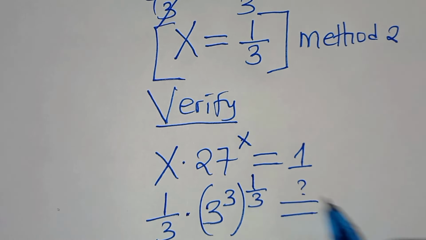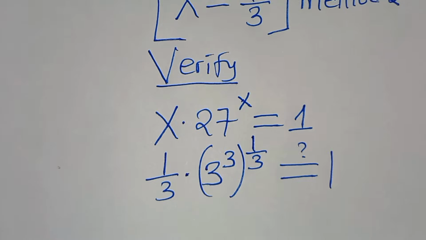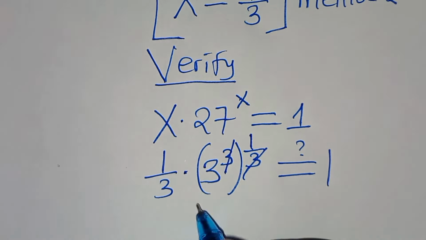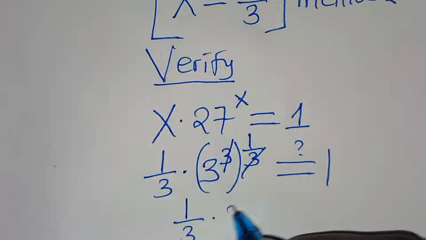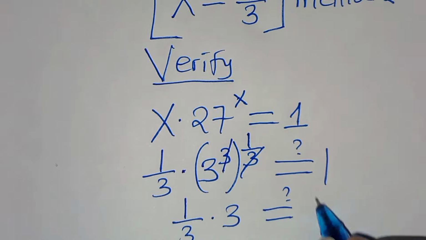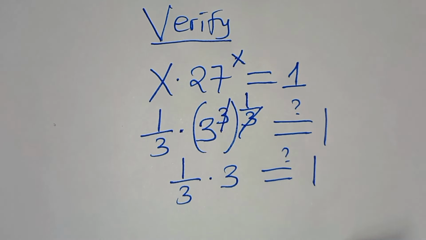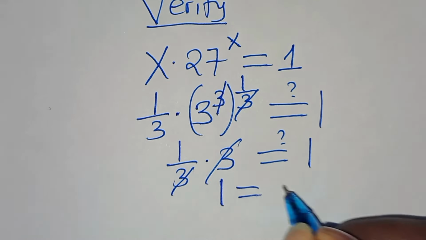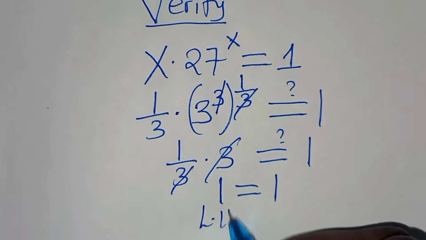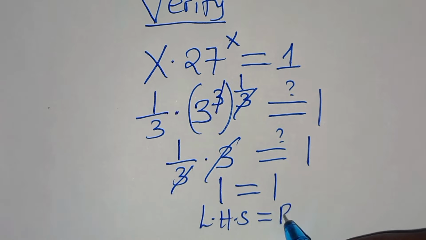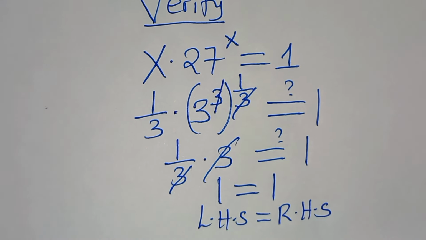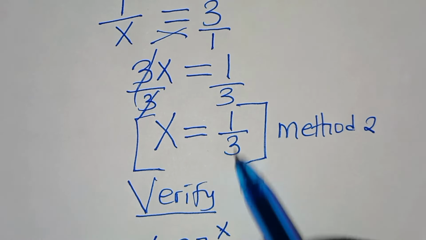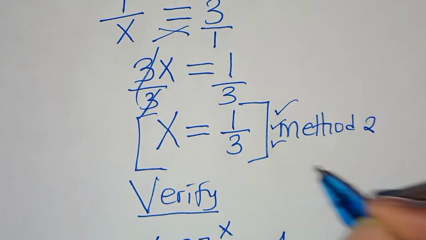This should give us a value of 1. So the 3 and 3 simplify, so that we have 1 over 3 times 3, which is supposed to give us a value of 1. So the 3 and 3 simplify, and we have 1 equal to 1. So the left hand side is equal to the right hand side, and this proves that the value of x, which is 1 over 3, satisfies the equation.